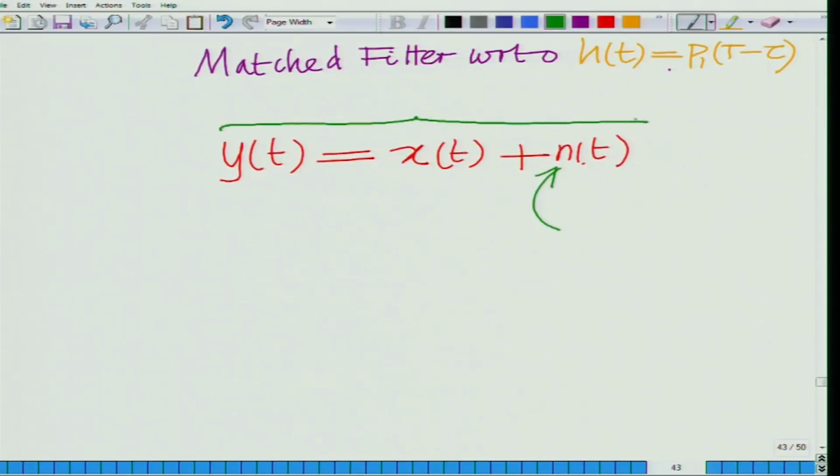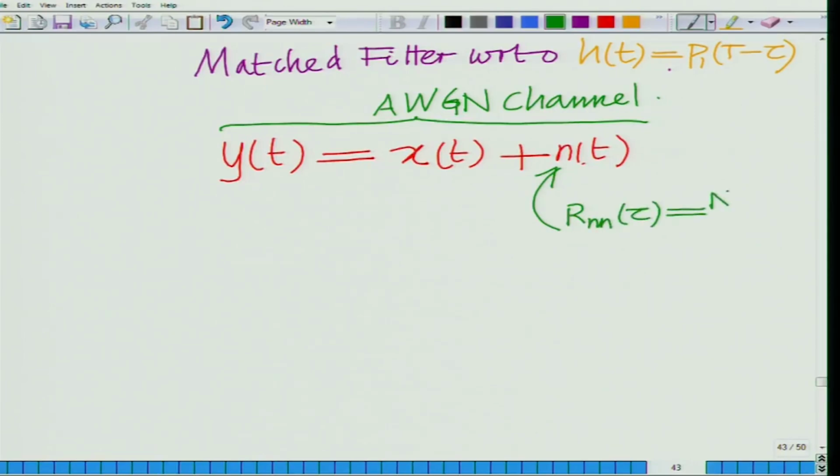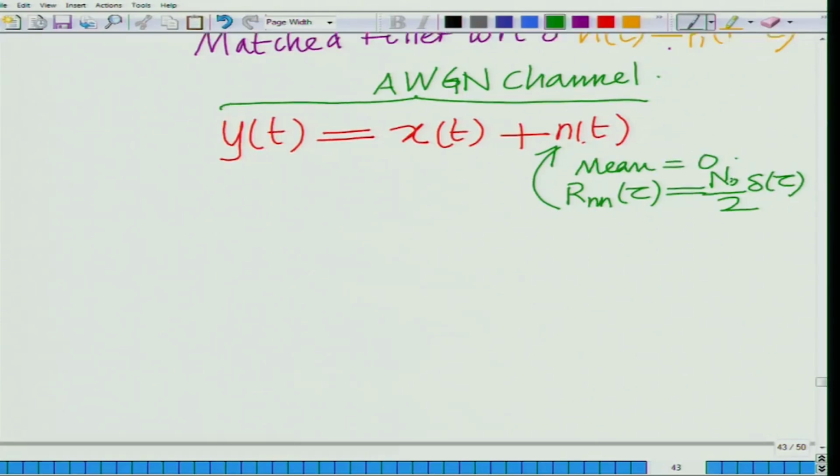This is the model for our AWGN channel, that goes without saying. We have seen this many times before. n(t) is Gaussian noise with mean 0 and autocorrelation function N0 by 2 delta(tau), the mean is equal to 0.